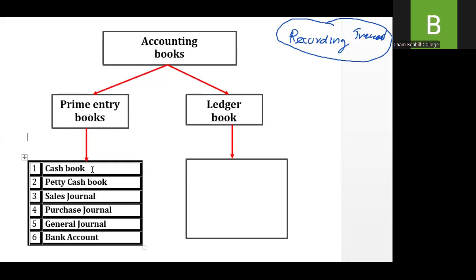So if the money in the drawer increases or decreases due to a transaction, you must record that transaction in the cash book. For your studies, there are around 10 different types of cash transactions that you have to learn.